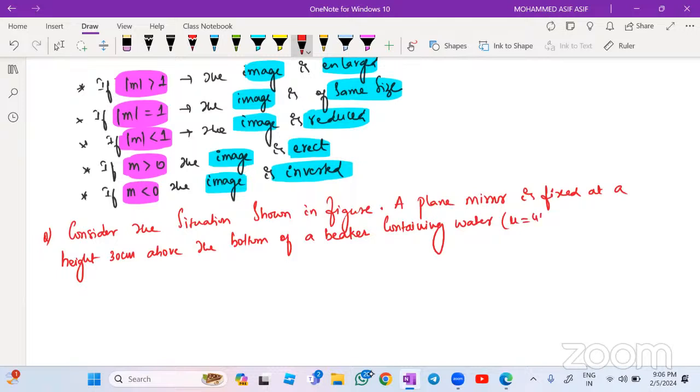The refractive index of water is 4/3, up to a height of 12 centimeters.